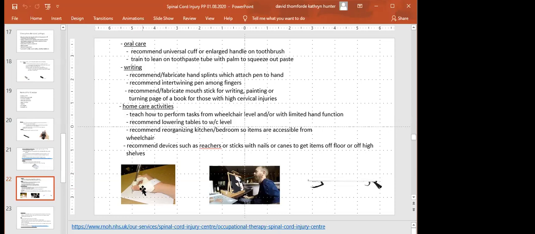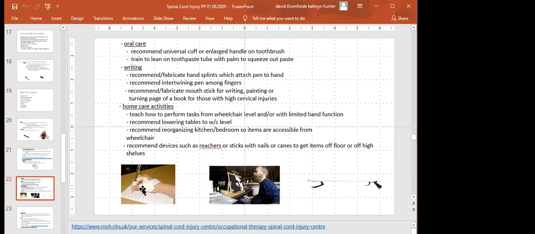But some people will just intertwine the pen between their fingers. If they have limited hand function, but they have some, they may take a rubber ball, put the pen through the rubber ball, and they can hold onto that even though they can't hold onto a pen. There are many different devices for writing if you have a spinal cord injury and trouble with your hands.